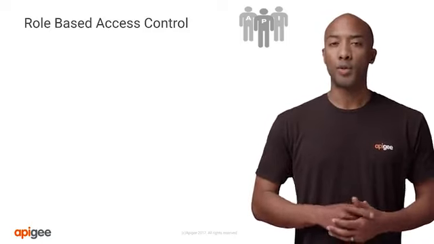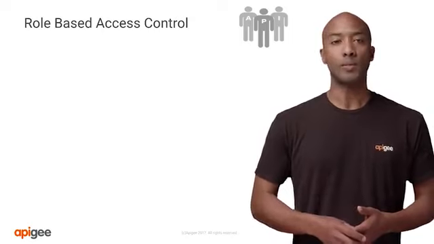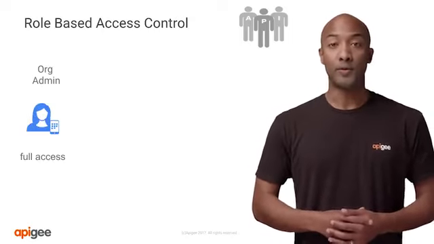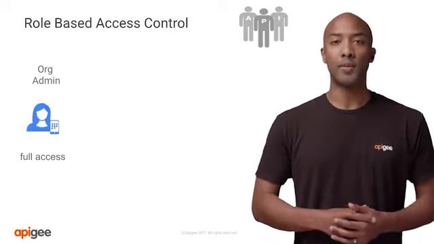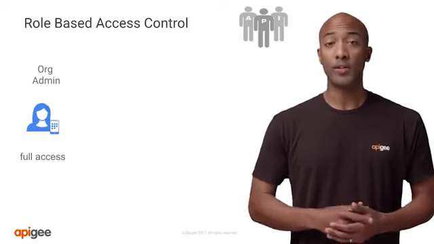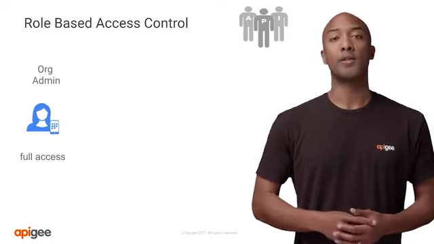Next, we'll briefly cover how we secure access to the Apigee management UI. Apigee secures access to the management UI via roles, also known as role-based access control. There are 4 predefined roles in Apigee, but you have the ability to create custom roles, if any. First, the org admin has full unrestricted access to the Apigee management UI, as well as the management API, which we'll cover next.